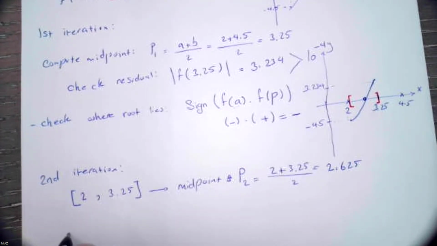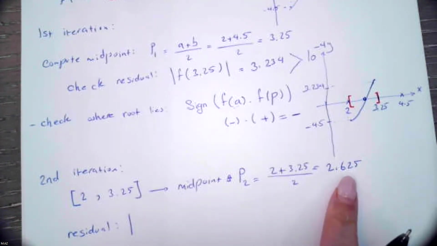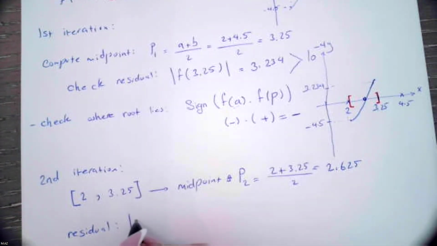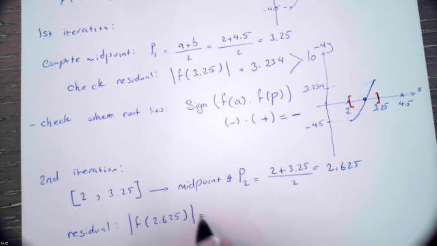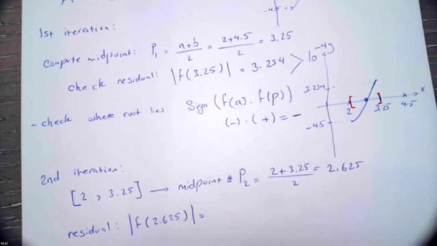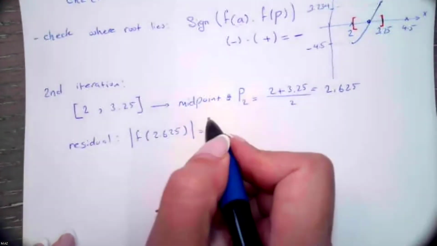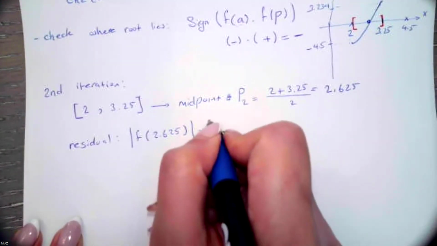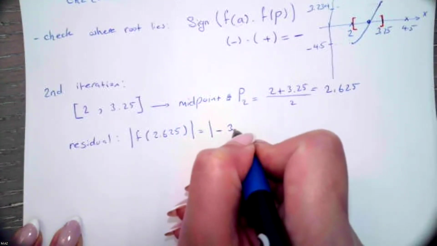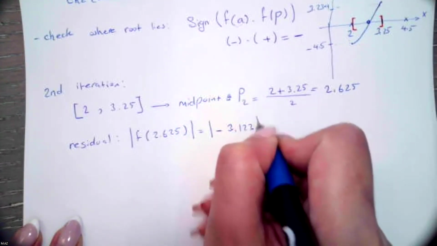For checking the residual, again, we plug this value in the equation. When we find the value of this polynomial function at this new midpoint, the value is minus 3.123.